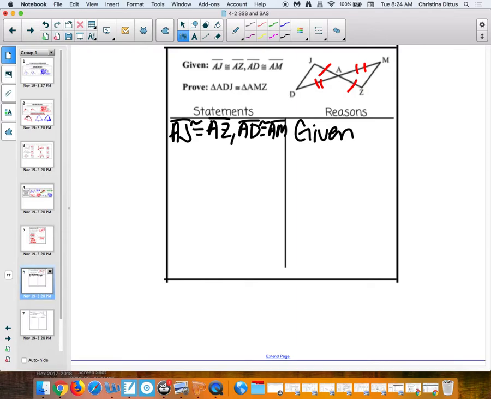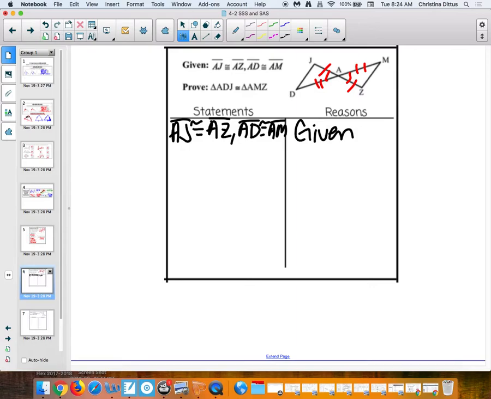Alright. We know that we have two different things, SSS and SAS. Am I going to be able to prove sides or angles? Angles. Why? Because they're vertical. I can't make up anything about these sides, but I can say that these angles are vertical for sure. Can I write angle A is congruent to angle A?